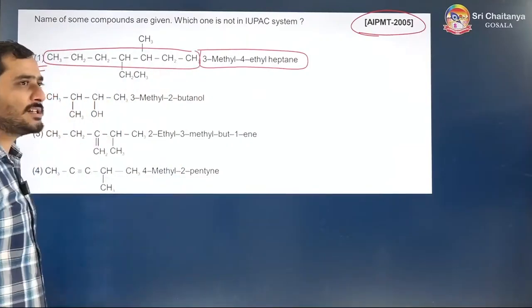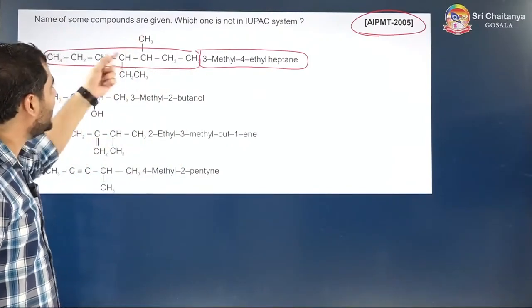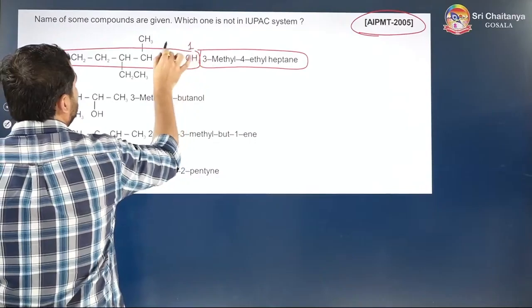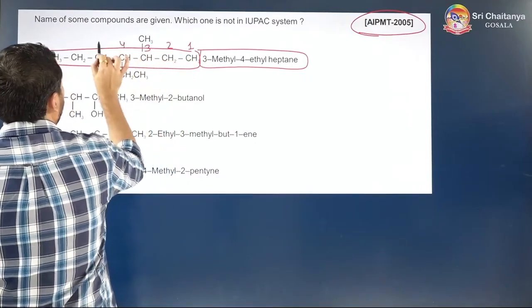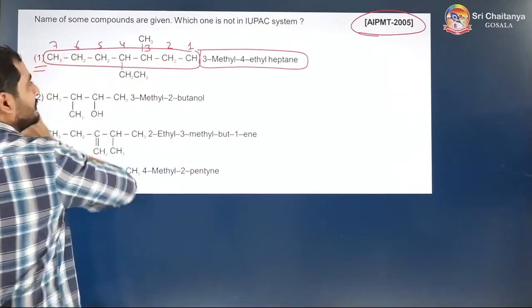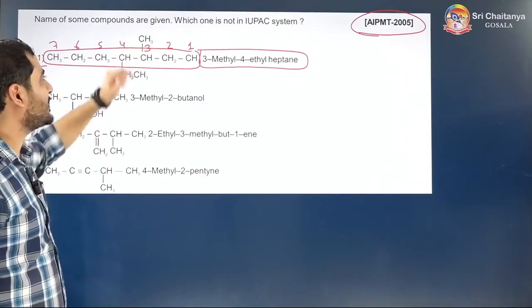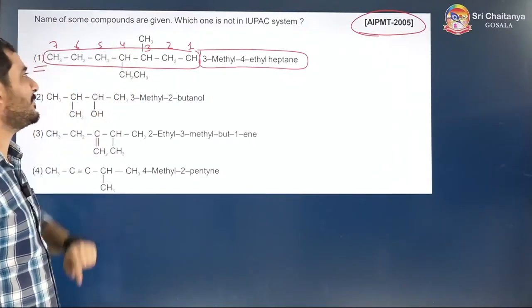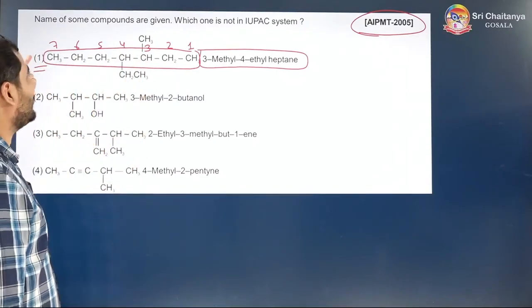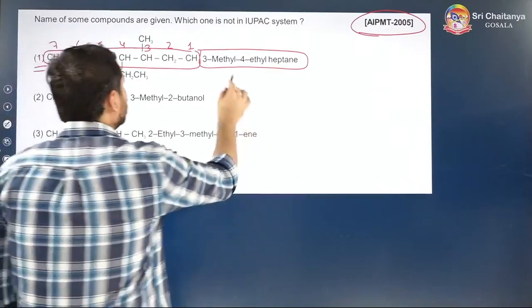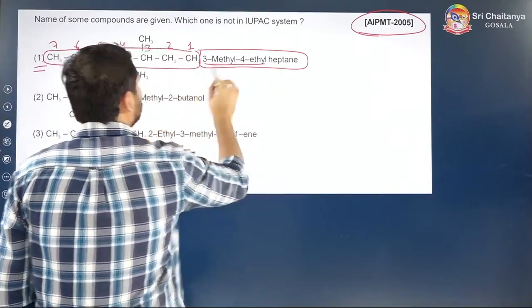Now how many substituents are present? 2 substituents. One is methyl and one is ethyl. So here it is 1, 2, 3, 4, 5, 6 and 7. At the third position what is present? Methyl. At the fourth position what is present? Ethyl. And for 7 carbon it is heptane. Now if you check, they have written 3 methyl 4 ethyl, so it is incorrect.